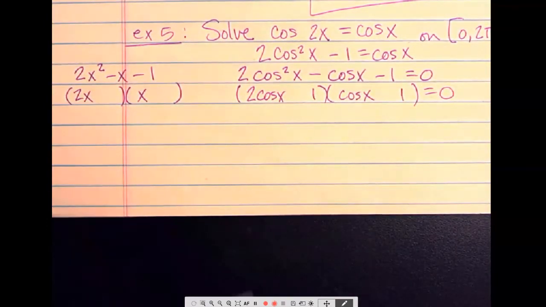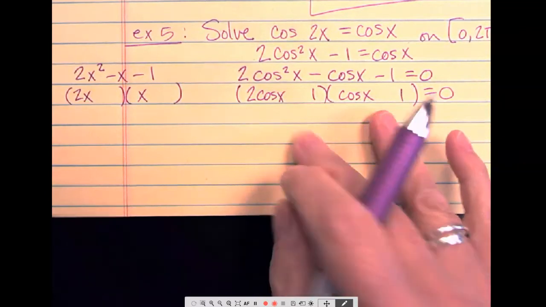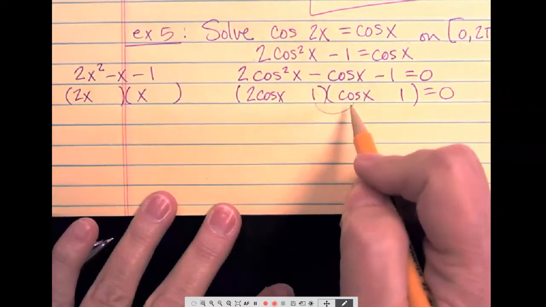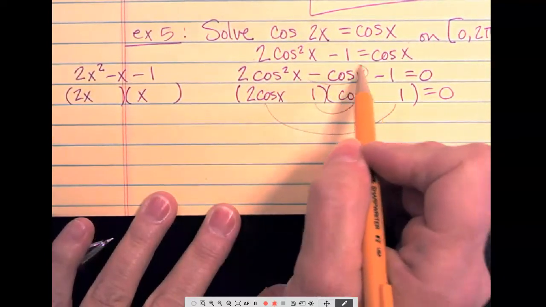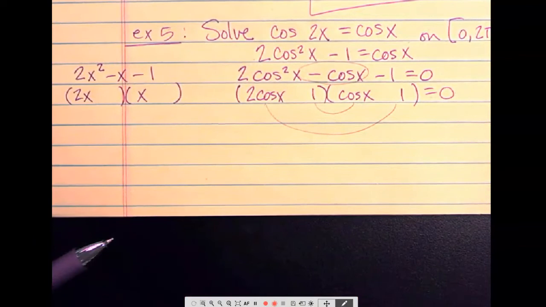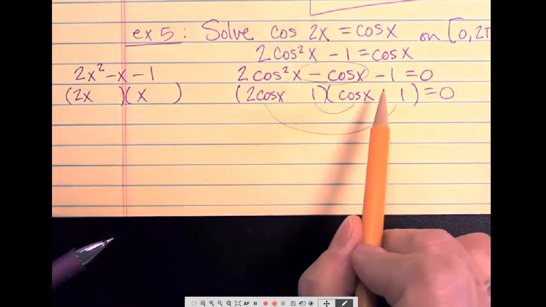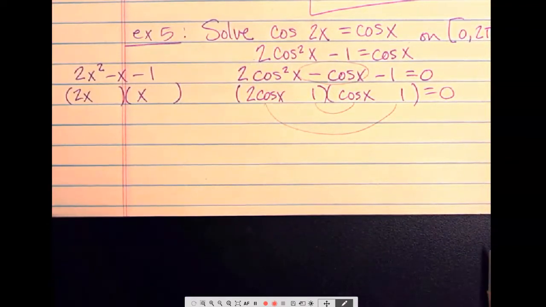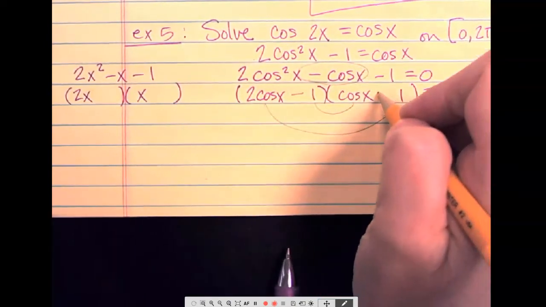Okay, think about foiling this. First, outer, inner, last. The outer and the inner products, these 2 products here, are what give us that middle product. So what do the signs need to be there? Plus, minus, minus, plus, both minus. Minus, plus. Okay. Minus, plus.